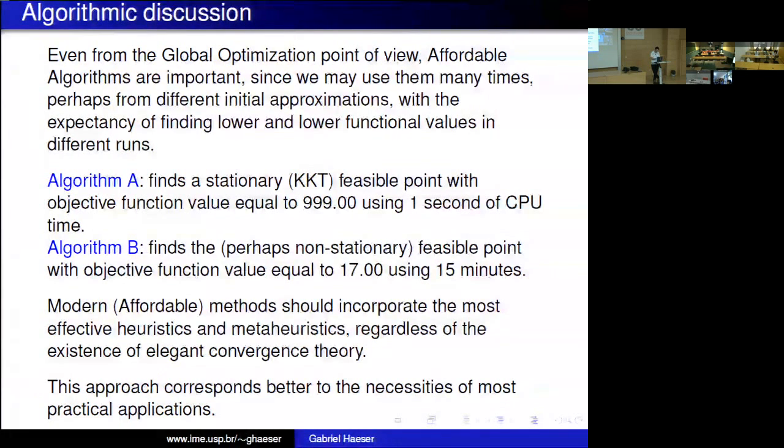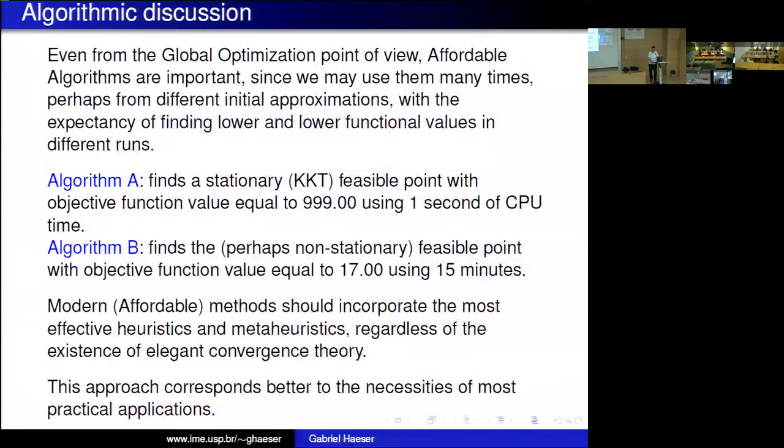So the message here is that modern affordable algorithms should in fact incorporate this idea to make their algorithms better. If I had algorithm A, I should say something like this: well, your algorithm uses 15 minutes. If I had this time, I could run my algorithm many times and I would find a point better than yours.